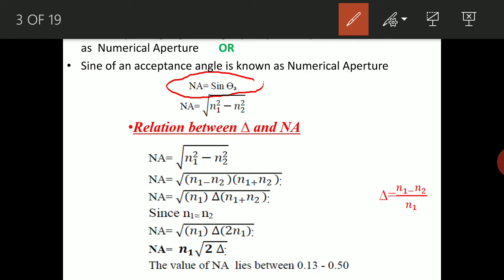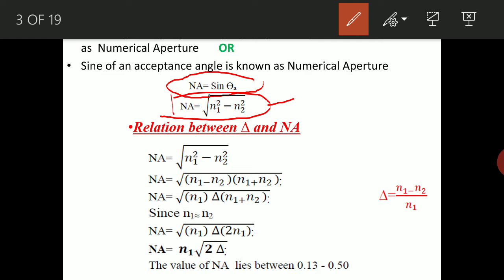Therefore, numerical aperture is equal to square root of n1 square minus n2 square, because for the acceptance angle, in the derivation we proved that sine theta a is equal to square root of n1 square minus n2 square. Therefore the expression for the numerical aperture is square root of n1 square minus n2 square. So it clearly once again shows that it only depends upon the refractive indices of core and cladding.